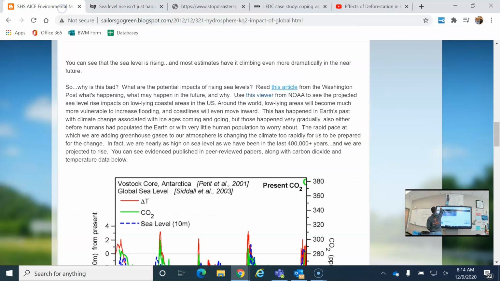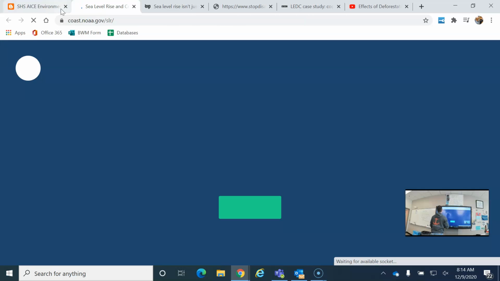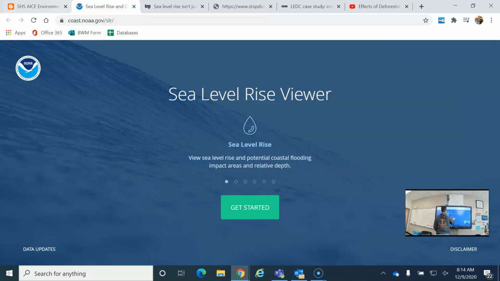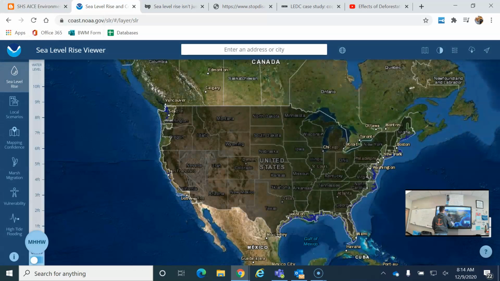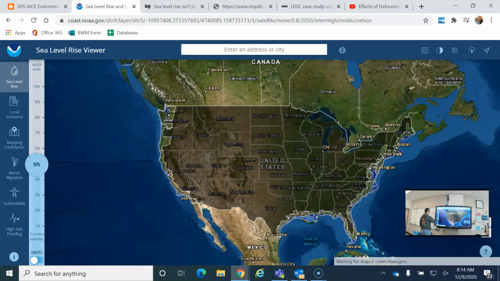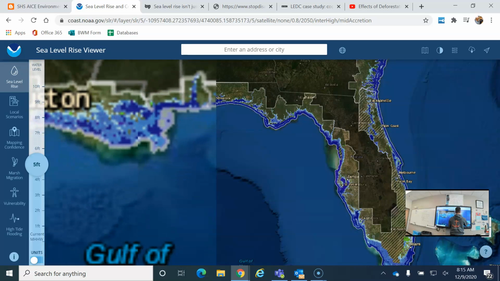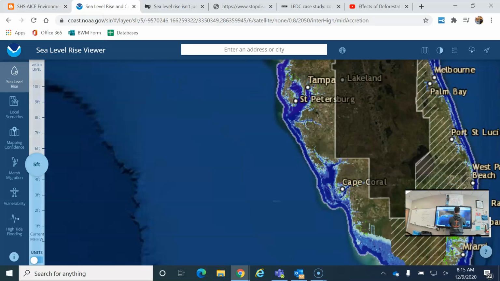As well, there is this awesome viewer from NOAA that can show you the different sea level rises, and this is something you definitely should be looking at. You can see this is really cool. You can actually move sea level up and down to see where it will go, and then you can zoom into any coastal area of the United States and see what's getting more flooding at that time, and you can definitely even zoom into us.